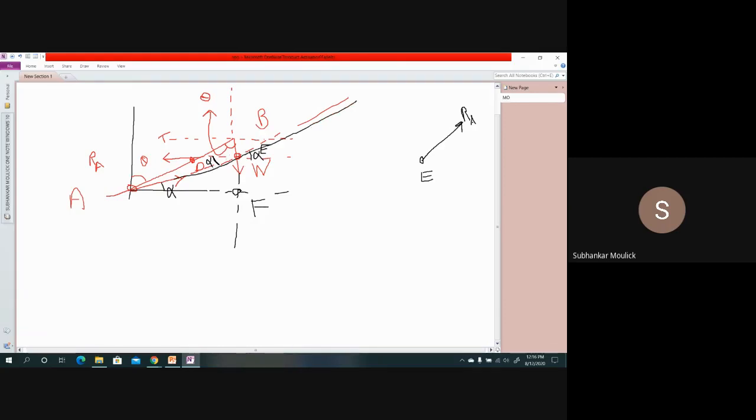So this angle will also be equal to alpha. Yes, sir. This angle is alpha. Again from point E, this is my weight W acting vertically downward. Again, from point E, this is that tension T. That means tension T is acting in this direction.